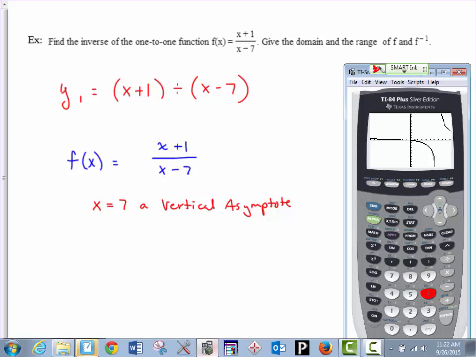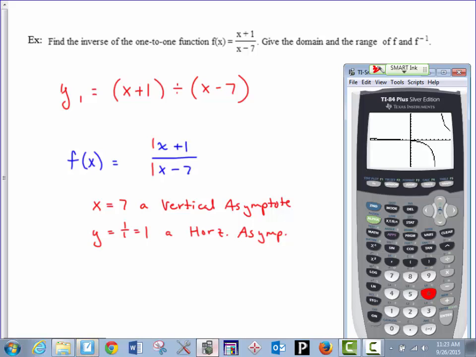Another thing that we will learn later about this graph is it has what we call a horizontal asymptote, in this case determined by the coefficients in front of the x values. So because it's a horizontal asymptote, it would be y equals 1 over 1, which is 1. So y equals 1 is a horizontal asymptote for this particular function.